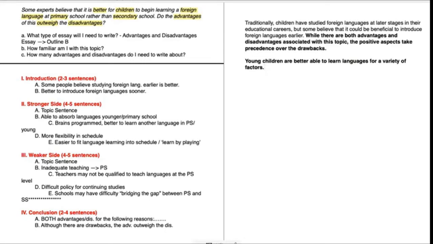So I'm going to say, first off, studies show that young children pick up languages better than teenagers. This is something that I'm familiar with. I remember coming across a study that discussed this. I don't need to talk about the title or the authors or anything like that. The essays are not going to be fact-checked necessarily, but just make sure you know what you're talking about.